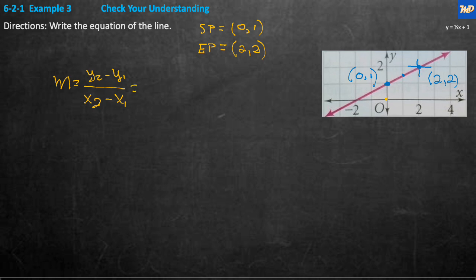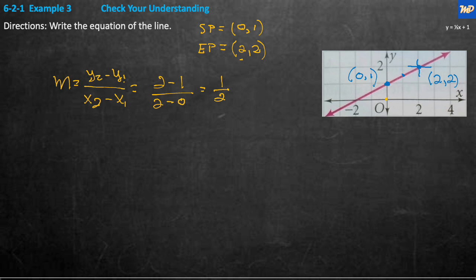Now, if we substitute, the ending y value is 2, minus the starting y value, 1, divided by the ending x value, 2, minus the starting x value, which was 0. See, that's why it makes it a little easier, because you get a 0 there. And now what does that equal? That equals 1 divided by 2. So our slope is 1/2.